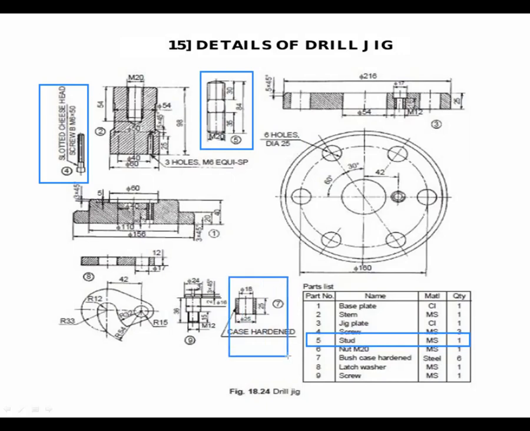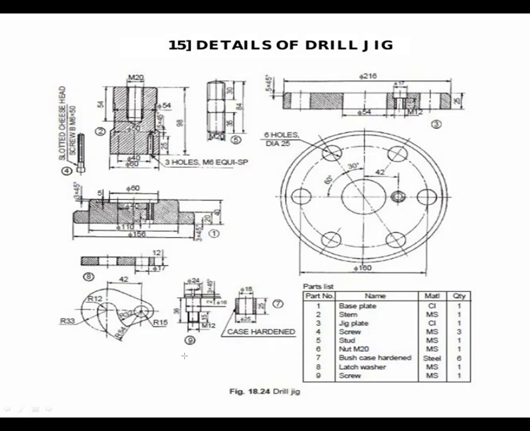The next component, that is component number 7, bush case hardened, which is made up of steel material. Point number 8, latch washer, again quantity 1. And point number 9 is screw.